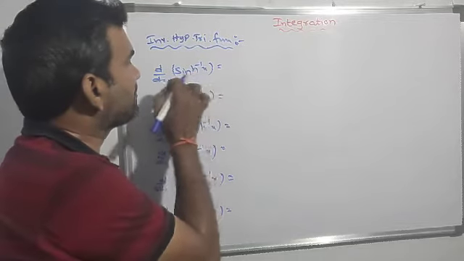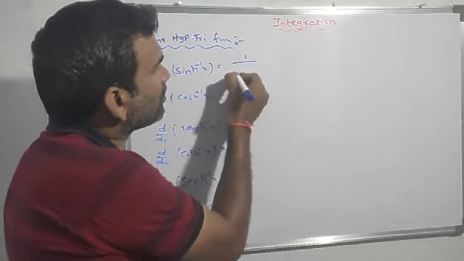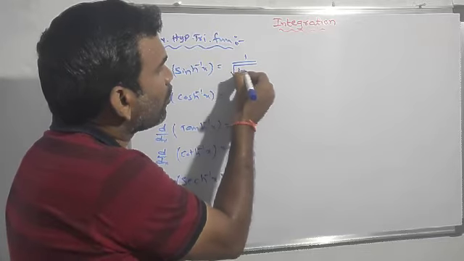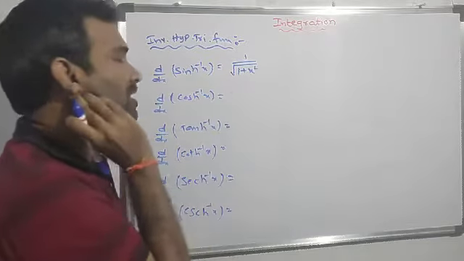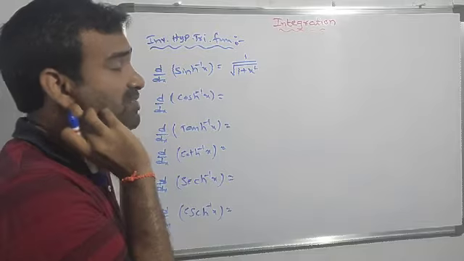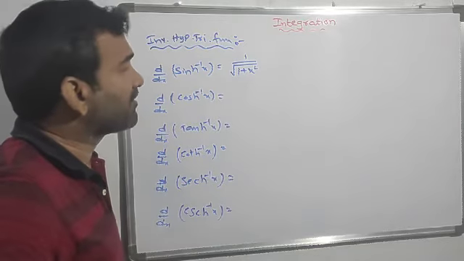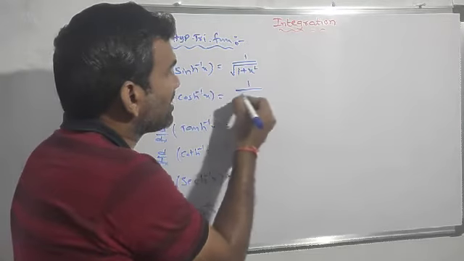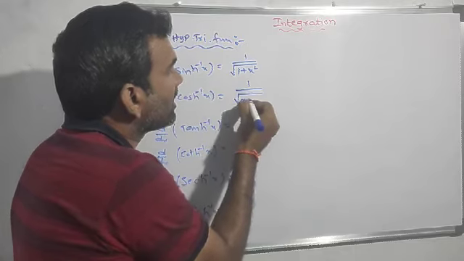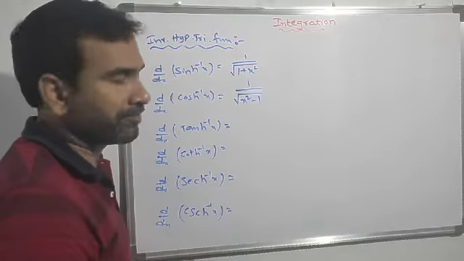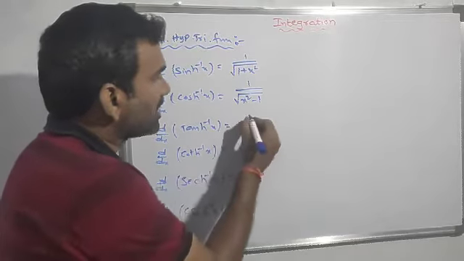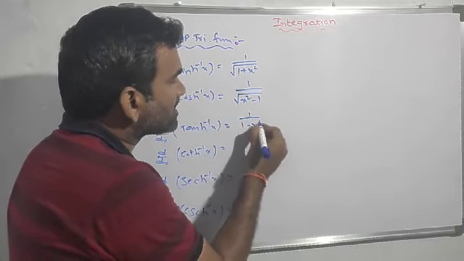Sin h inverse x differentiation value is 1 by square root of 1 plus x square. Sin inverse x formula is 1 by square root of 1 minus x square; here it is 1 plus x square. Cos h inverse value is 1 by square root of x square minus 1. Next, tan h inverse x and cot h inverse x: both are 1 by 1 minus x square.